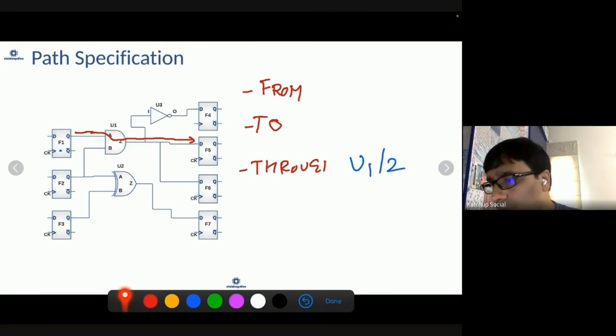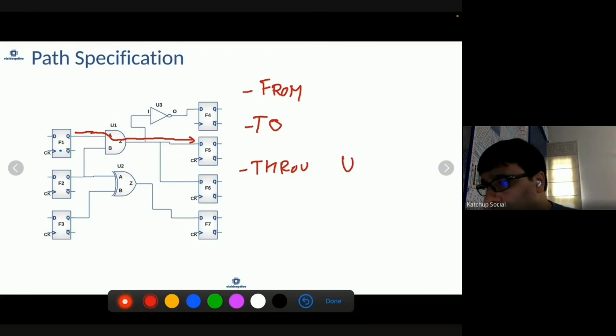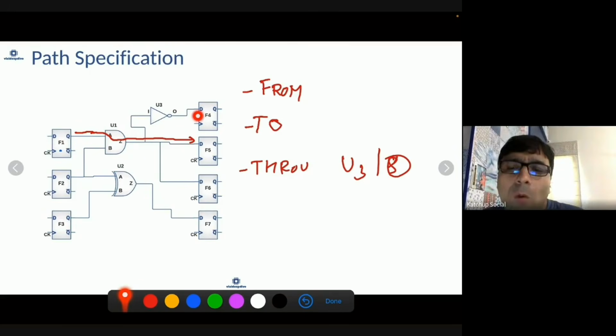So it will apply to this path, this path, and also this path. Or if you just say, let's say, through U3O, which is here, it will apply to this path. It will also apply to this path. Okay, so this is how path specification options are used.